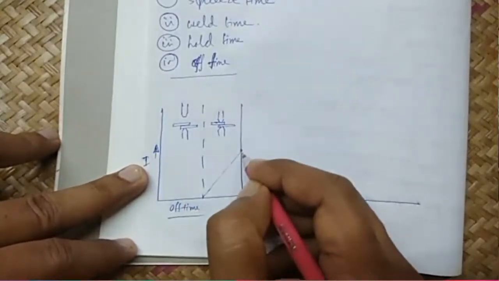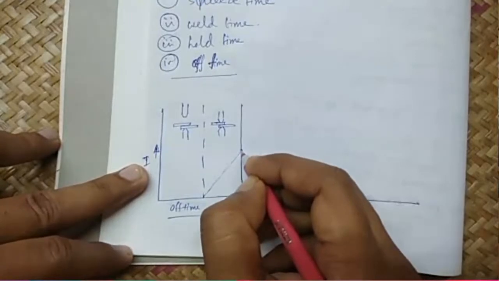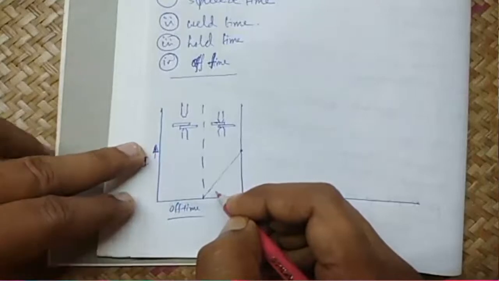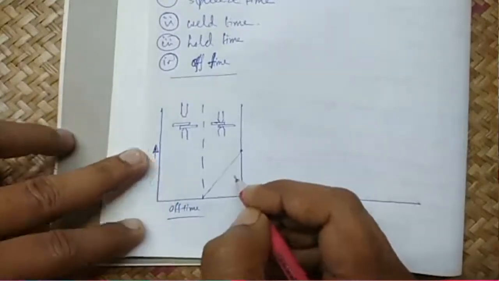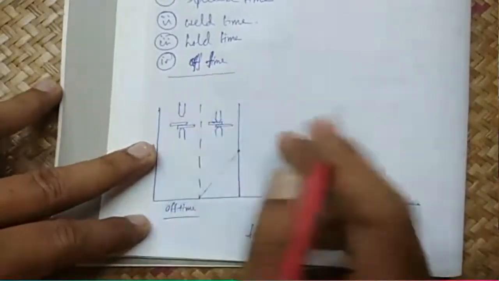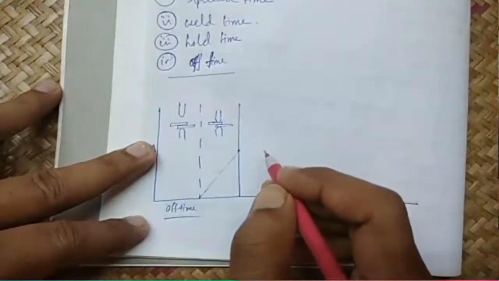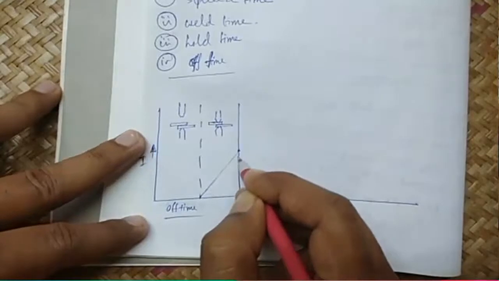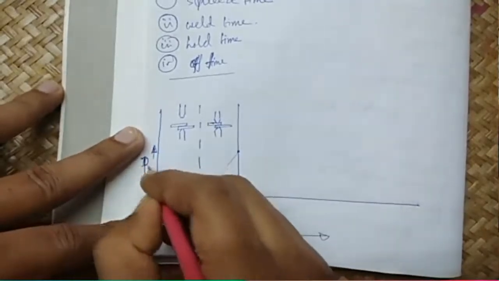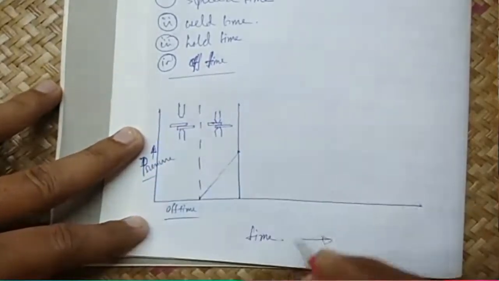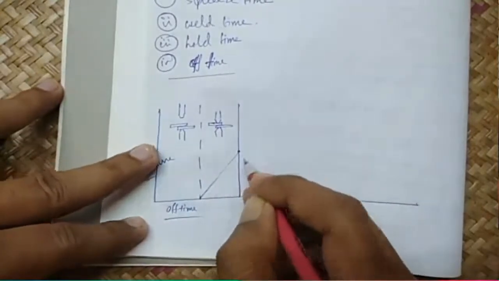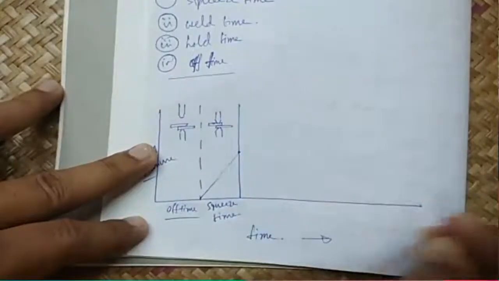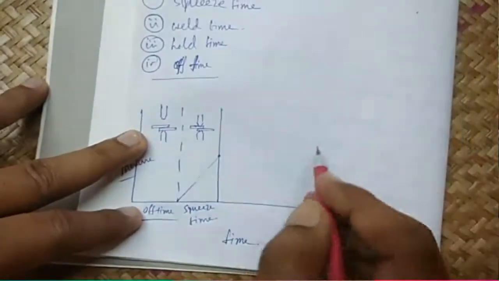When the pressure rises, the current is not yet given. So pressure increases. This is actually not current, this is pressure. So pressure increases in squeeze time. This is called squeeze time.